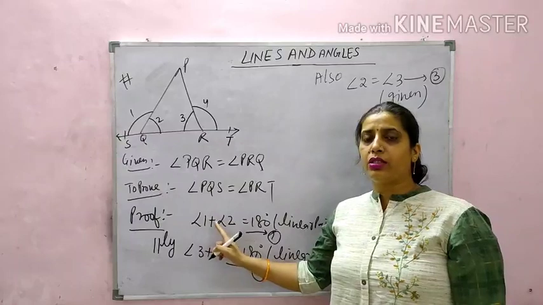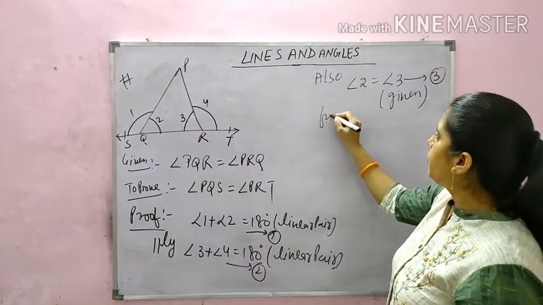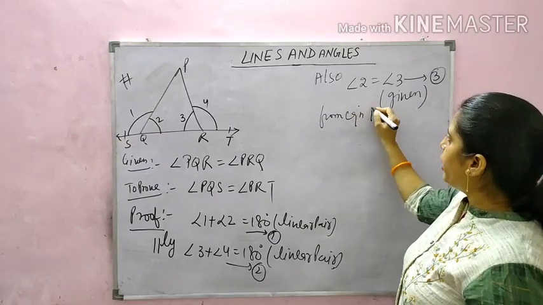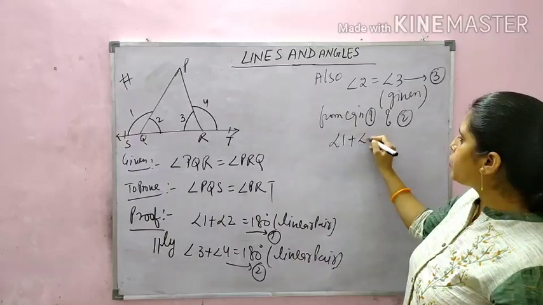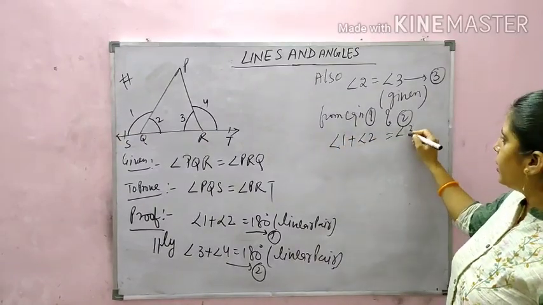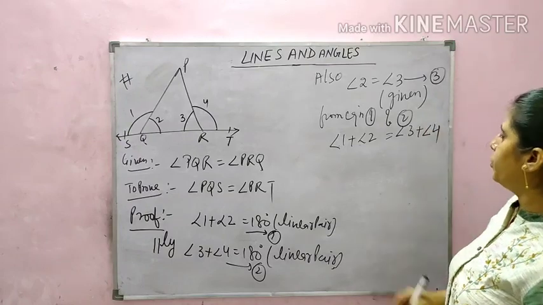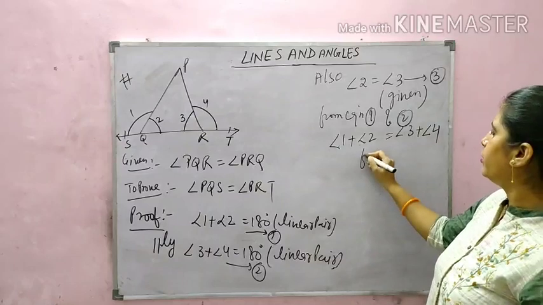Therefore, the left sides of both the equations will be equal. Clear? Now, from equation 1 and 2, angle 1 plus 2 equal to angle 3 plus angle 4.